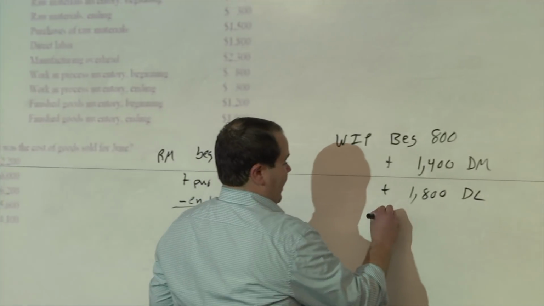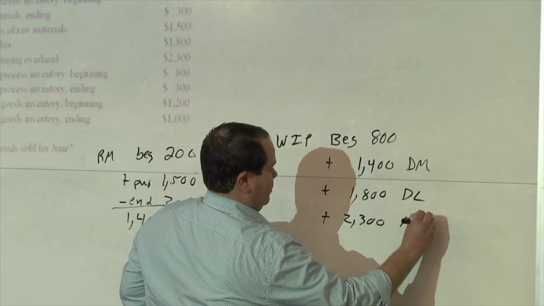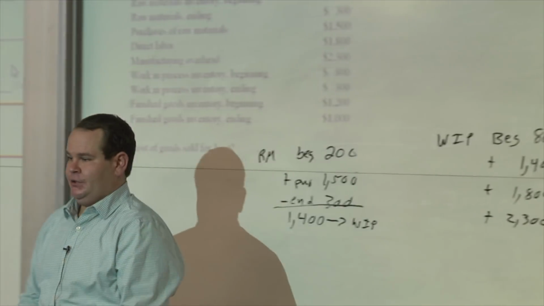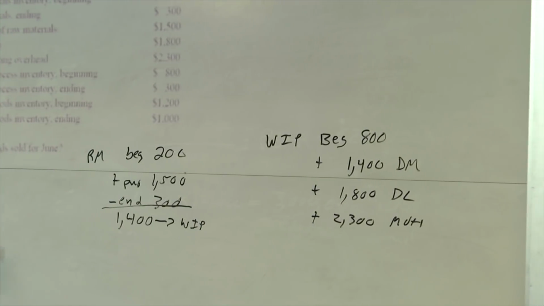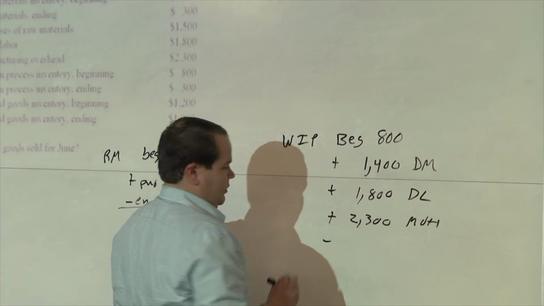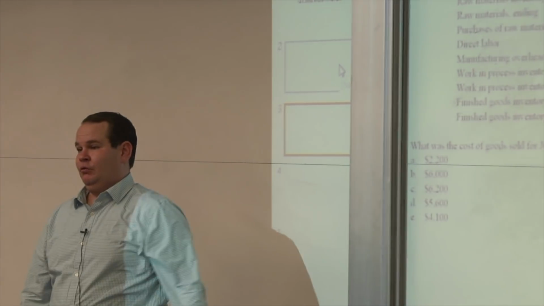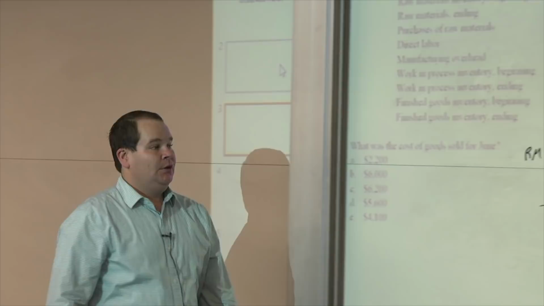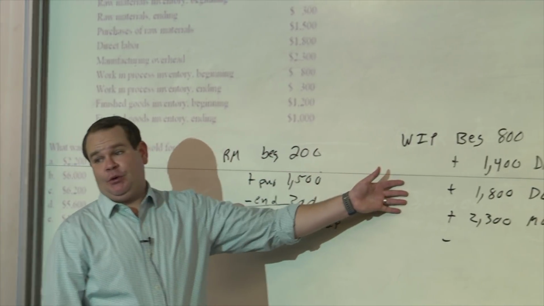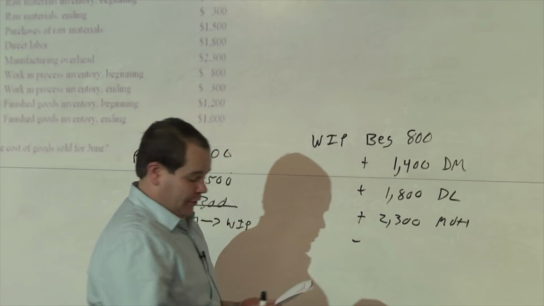So we put all of that into work in progress. And just like we did with raw materials, we want to subtract out the ending balance, because we're trying to figure out what went through work in progress to become finished goods. We have the beginning, everything we put into it, and then we want to subtract out what's left, because we know that's not finished goods.